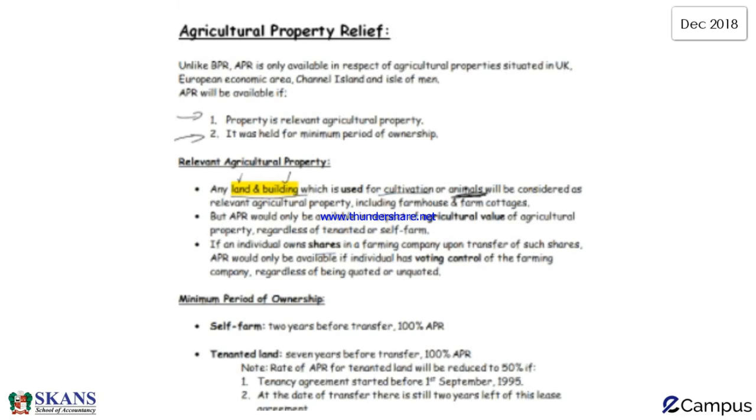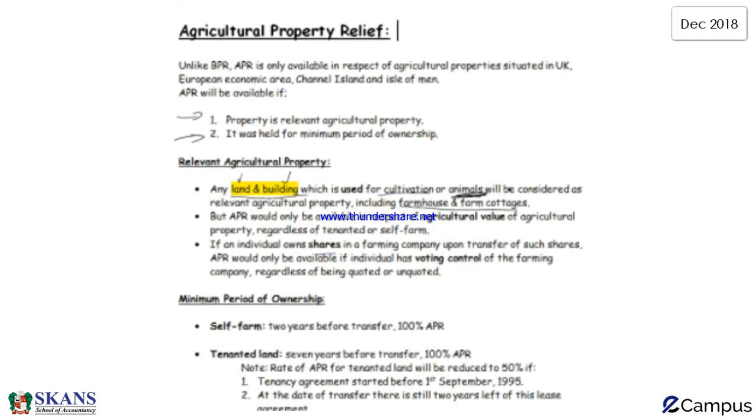Both of them are not agricultural property, they are business property. But the land and building which is used to either cultivate crops or to have your animals, that land and that building is considered as agricultural property, including your farmhouses and farm cottages.